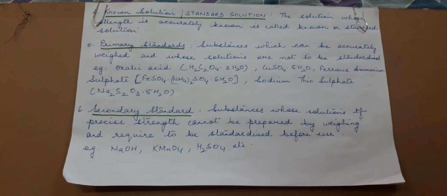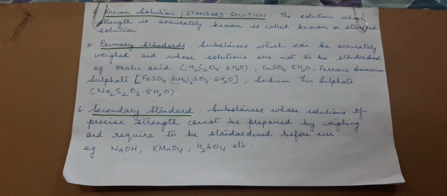Getting me? So secondary standards are those substances whose solutions of precise, exact, accurate strength cannot be prepared by weighing, and it requires to be standardized first before we use it for titration.